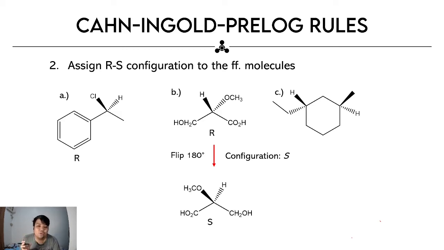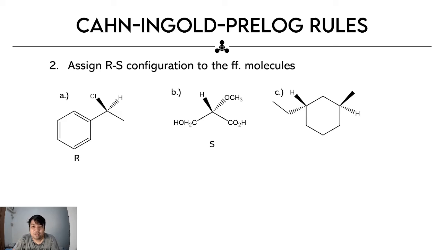So what I do is figure out the RS configuration beforehand, then flip the molecule. The actual RS configuration is the opposite of the first configuration that you thought of before flipping the molecule. Next, lastly, we have this one here that has more than one chirality center.